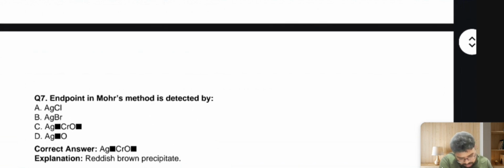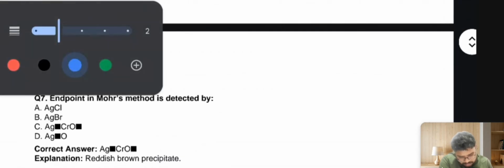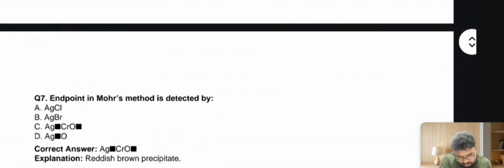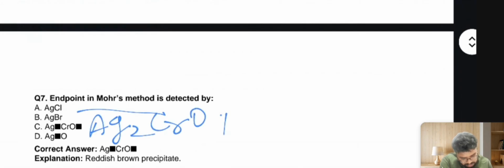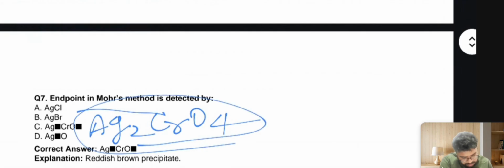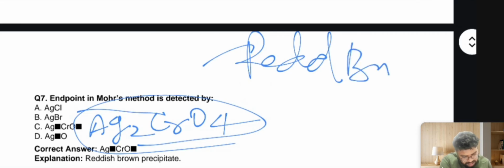Ag2CrO4. It mainly detects Ag2CrO4. Okay, just as we discussed in question number 6, it forms reddish brown colored precipitate.